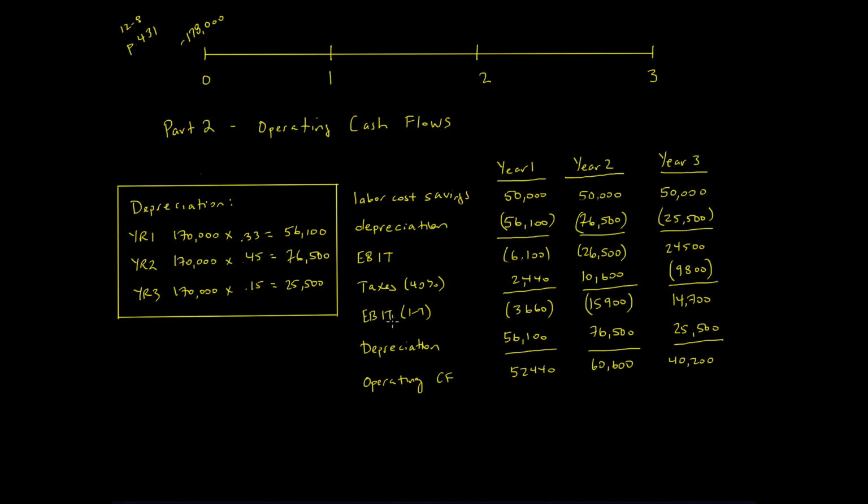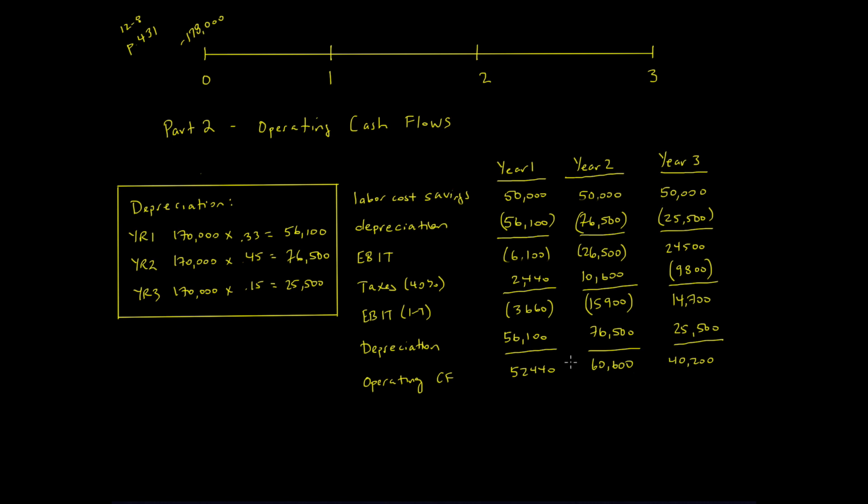Once I get to this line, I need to add back depreciation. Remember, depreciation is a non-cash charge. So when I add back depreciation to EBIT multiplied by 1 minus the tax rate, I'll get my operating cash flow of $52,440 in year 1, $60,600 in year 2, and $40,200 in year 3.